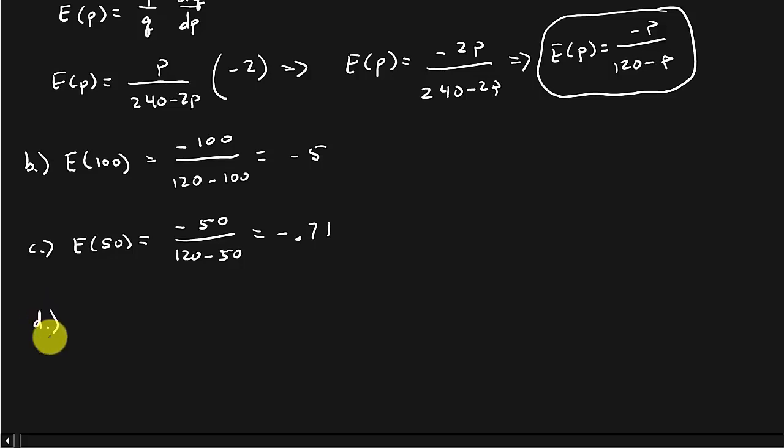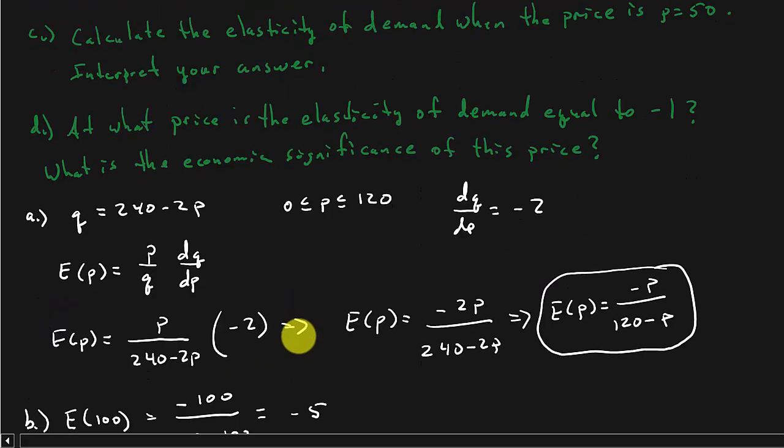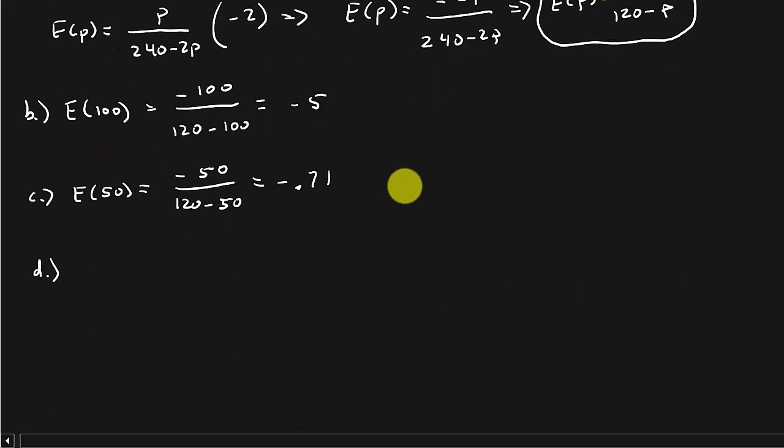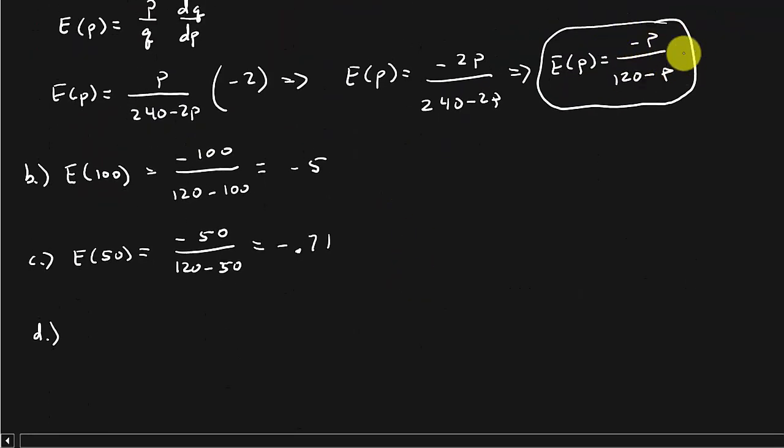All right, so part D. At what price is the elasticity of demand equal to -1? What is the economic significance of this price? So what we're doing here is we're taking the elasticity of demand and setting it equal to -1.